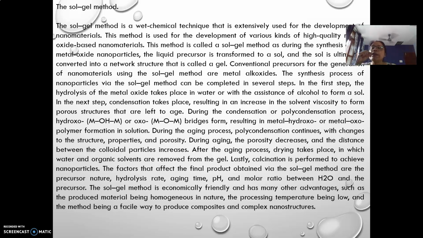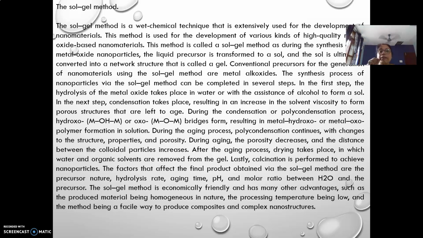So what is this particular sol gel method? This is one of the primary methods utilized in the bottom-up synthesis. Now bottom-up synthesis, as the name suggests, is the building up method of producing nanomaterial, where we take the basic units and allow them to combine with one another, so that ultimately at some level we can stop that reaction, and at that level we will be able to get the nanomaterial.